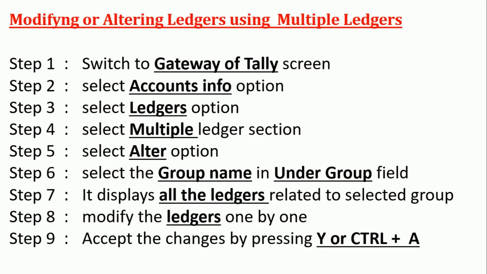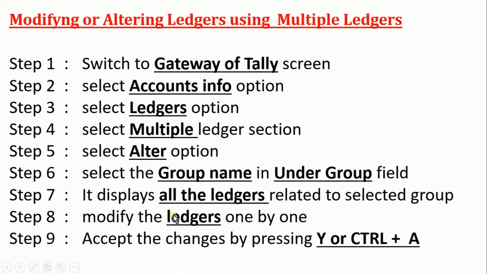Okay, that is to display or alter ledgers, multiple ledger. Step 1, switch to Gateway of Tally screen. Step 2, select Accounts Info menu. Step 3, select Ledgers option. Step 4, select Multiple Ledger section. Then step 5, select Alter option. Step 6, select the group name in Under Group field.